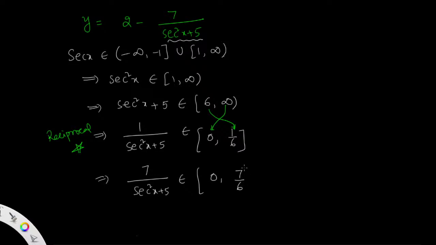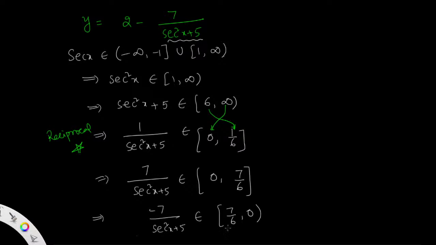So 7 into 1 by secant square x plus 5 belongs to 0 and then 7 by 6. And in the question there is a minus, so minus 7 by secant square x plus 5 belongs to minus 7 by 6 comma 0.